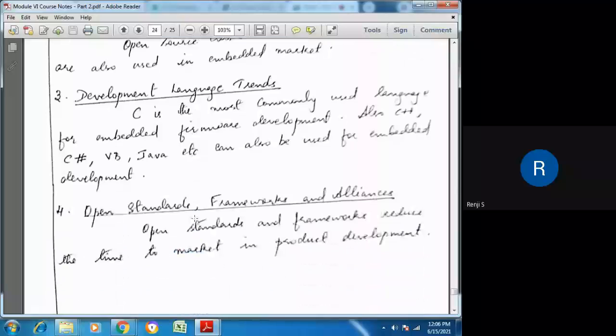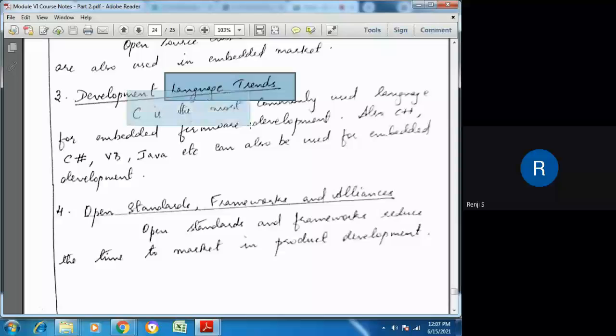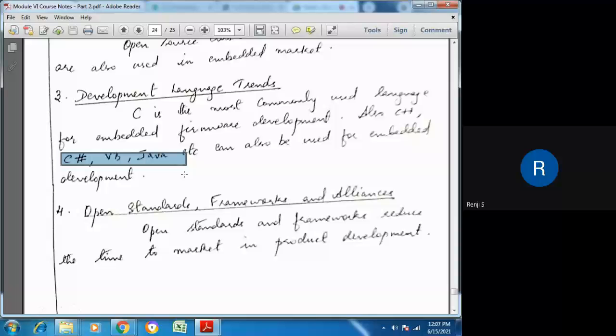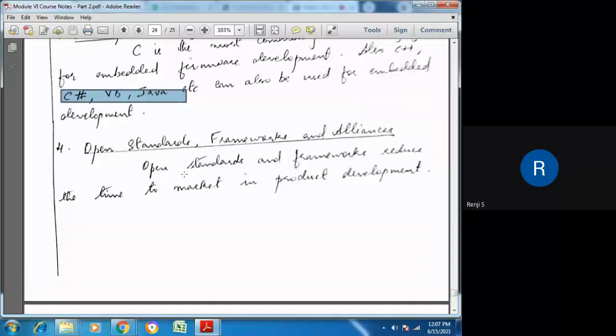Then the third development is in languages, the language trends. Embedded C is the most commonly used. Other languages used for embedded development are C++, C Sharp, Java, VB, etc. Then another is the open standards and frameworks.